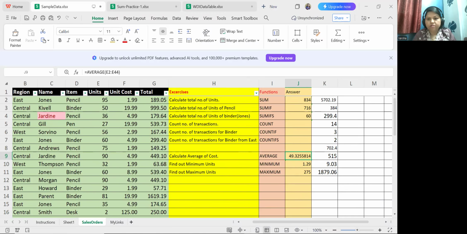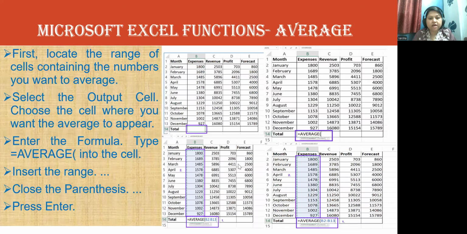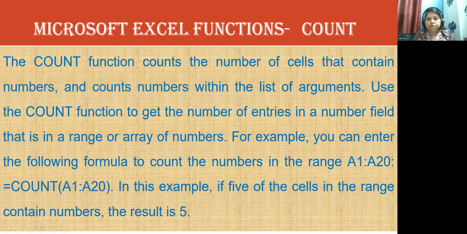So just now we have seen the average function, with the help of practical examples. Select the cell, enter the formula, close the parenthesis and calculate the average. Now the next function is the count function.